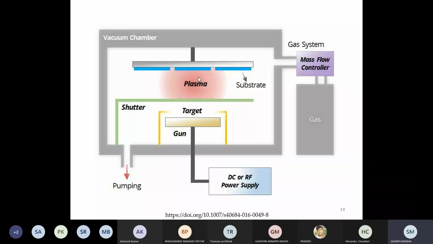Whenever you go for scanning electron microscopy, please observe the gold coating unit. There you can observe a pink-colored plasma. Of course, you also need a shutter, which will help you get proper deposition.